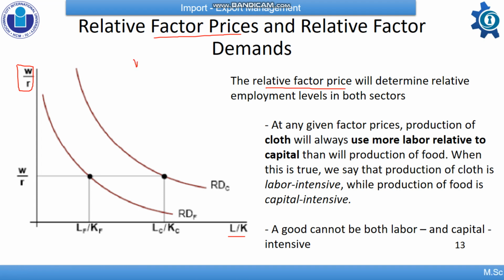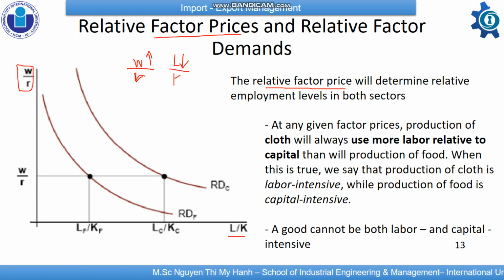As I told you in the earlier example, if the wage rate increases, it means the relative price of labor to capital increases. They will tend to use more capital and less labor. So the relative demand of labor to capital decreases.